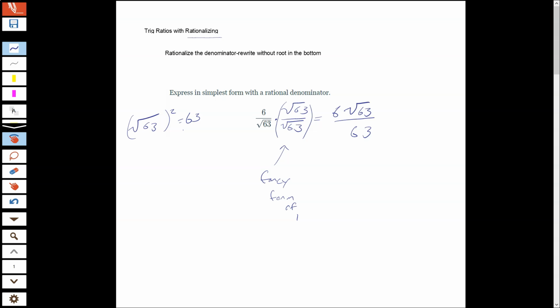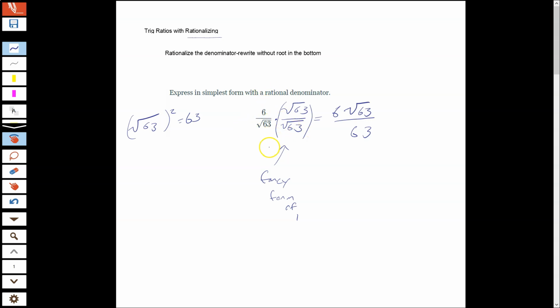Having it on top of the fraction makes it easier to estimate what your result actually is. So that's why we do this. It's kind of not so useful anymore because we walk around with calculators in our pockets, right? But the reason you need to know how to do it now, to be frank, is that future math teachers of yours are going to expect you to be able to do this. And it's not that hard, right?